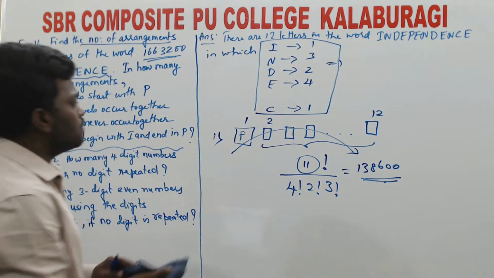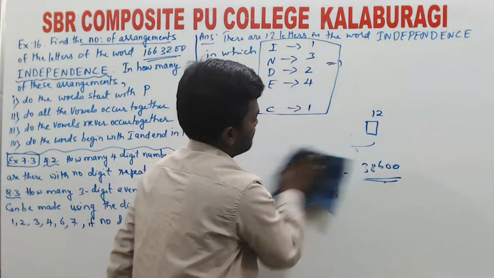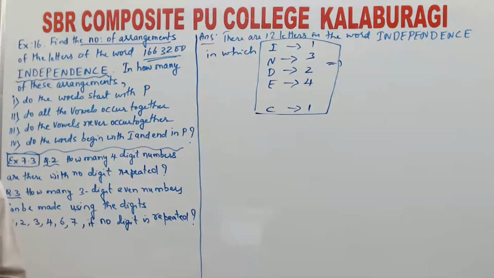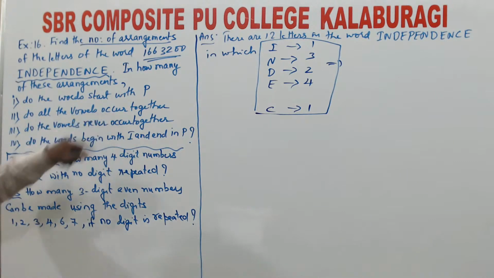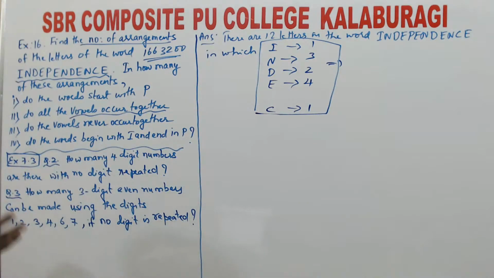Now let's move to the second part of the question. The second part of the question is: do all the vowels occur together? So they are talking about the vowels occurring together.